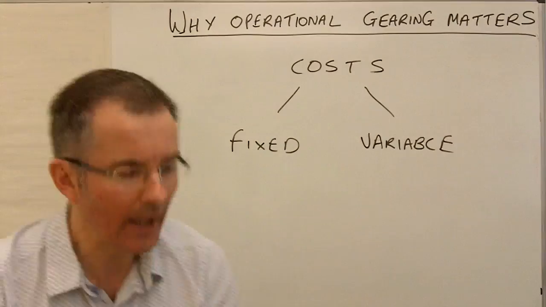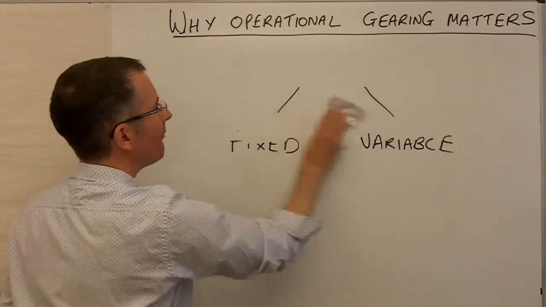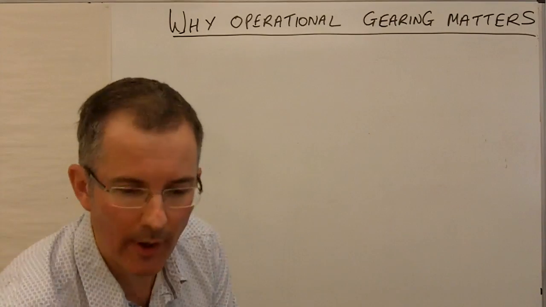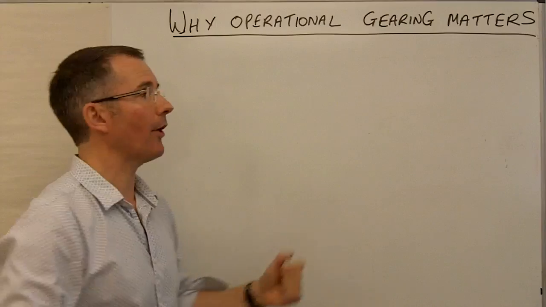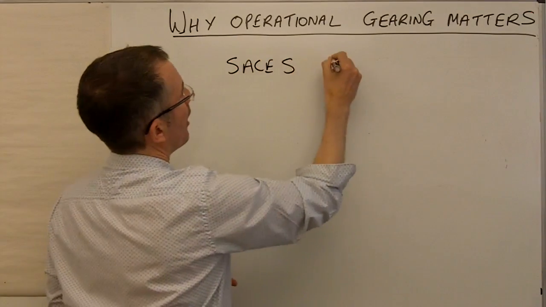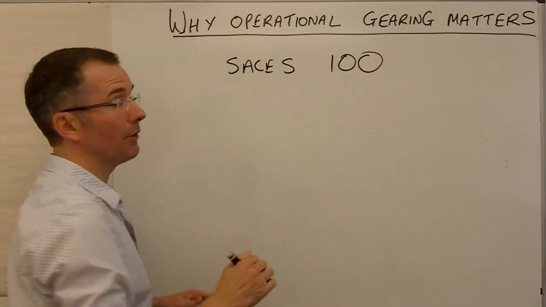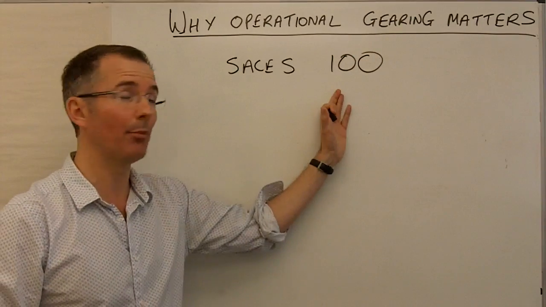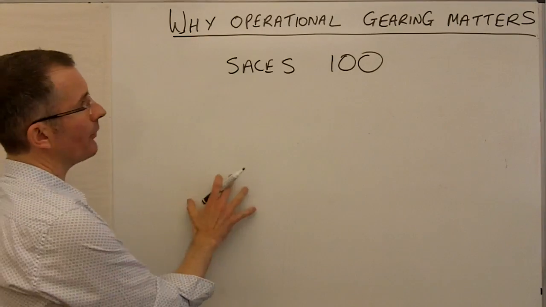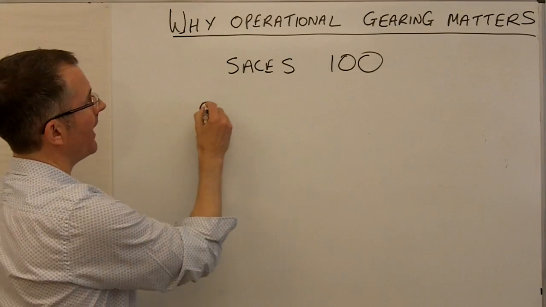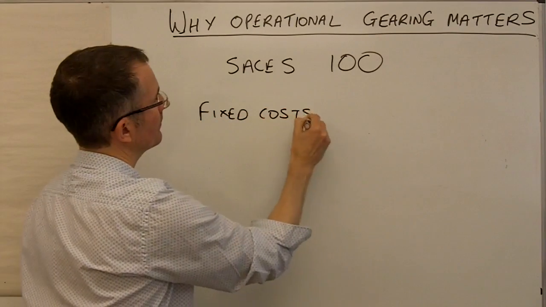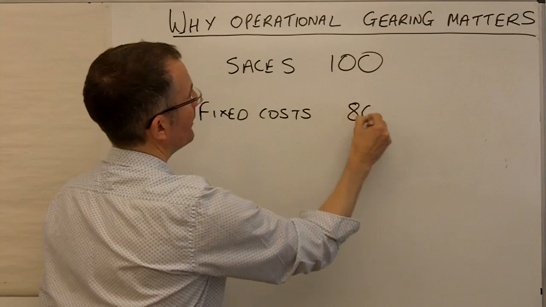So, imagine I'm looking at a very simple firm that has the following cost structure. Imagine its sales are £100, very simple example, obviously not a real life example, but it sells 100 and costs to get to profit are fixed, of 80.